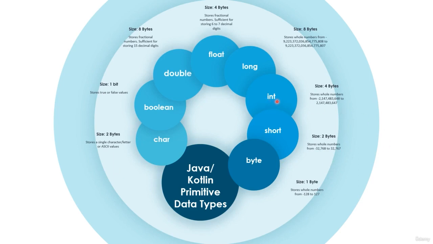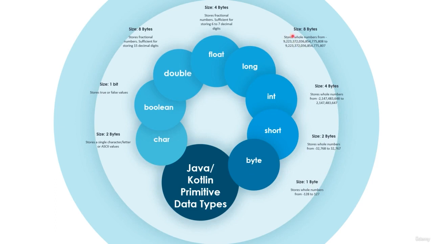The int data type can store whole numbers from this number to this positive number. Its size is 4 bytes. The short is 2 bytes. The byte is 1 byte. You see the difference? It's in terms of memory and size.